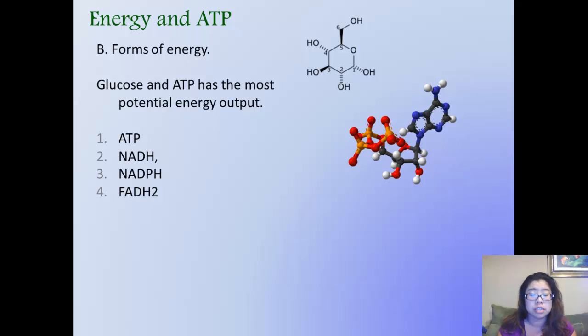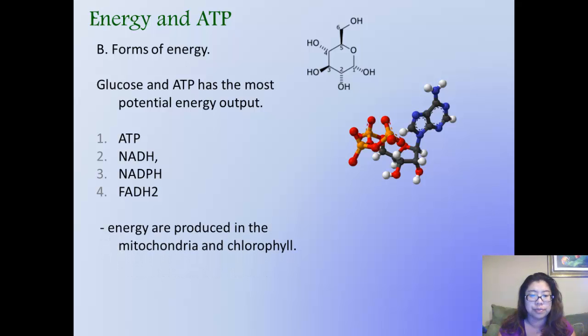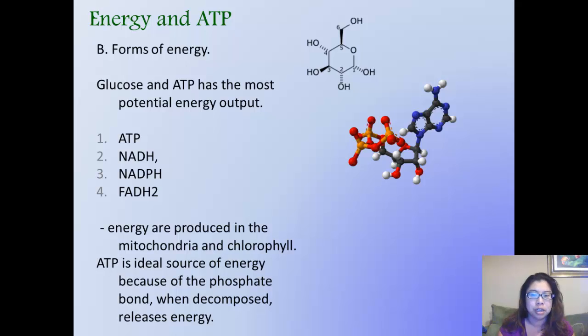They are in descending order of how much energy they can contribute. Energy is produced in the mitochondria and chlorophyll as a general overview. And ATP is an ideal source of energy because the phosphate bonds, when they decompose, when they are taken apart, release a lot of energy.